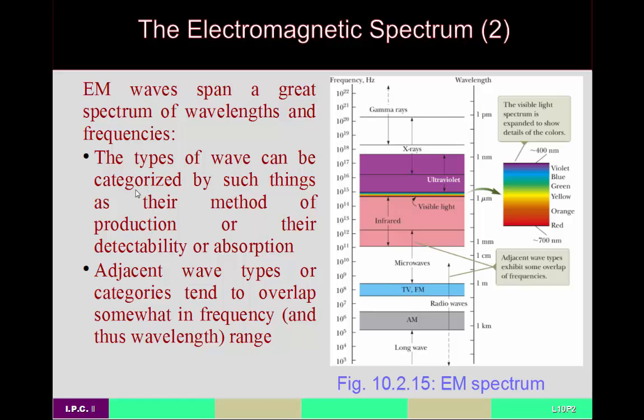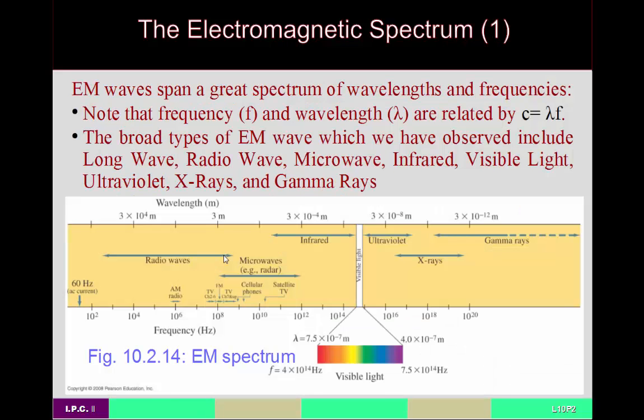They're often categorized by how you produce them. For example, these radio waves that I described earlier with the antenna, like a 60 hertz AC current signal, are going to be a very, very low frequency, very long wavelength radio wave.